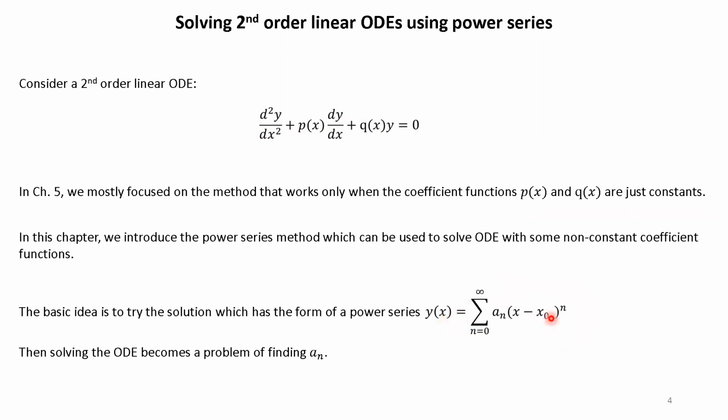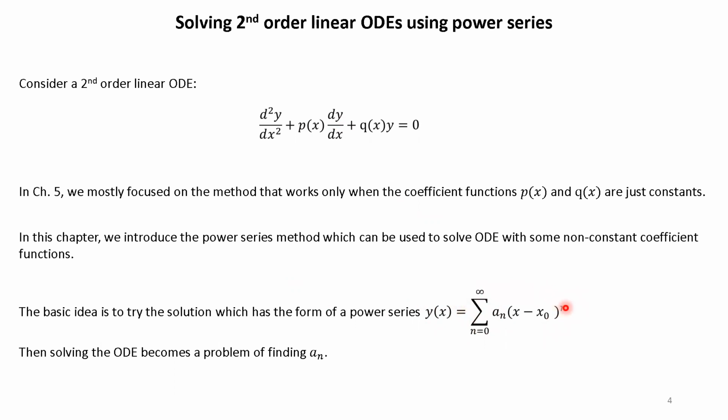And it's not unreasonable, because as I said in the last part, as long as the function is analytic, it can always be expressed as a power series. So first I just assume that this function is expressed as a power series.